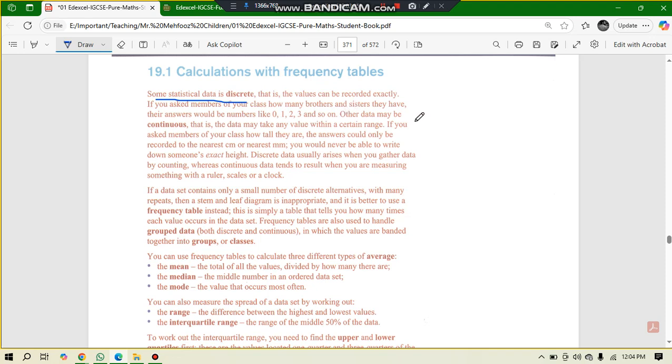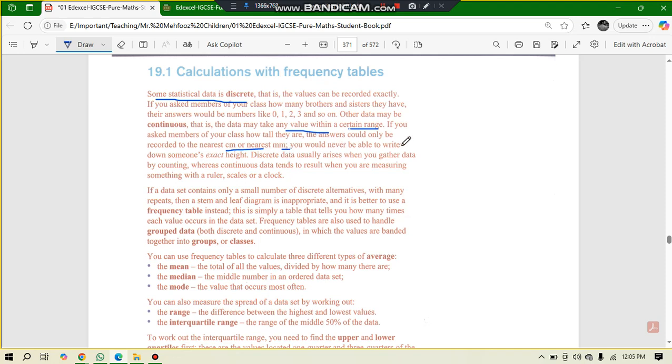Other data may be continuous, that is, the data may take any value within a certain range. When a data has a certain range, it means that this is continuous data. If you ask members of the class how tall they are, the answers could only be recorded to the nearest centimeter or nearest millimeter.